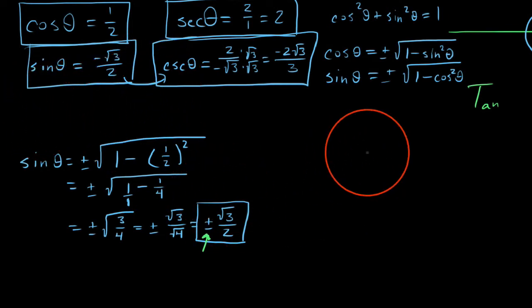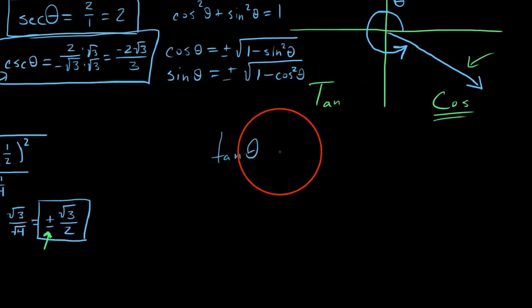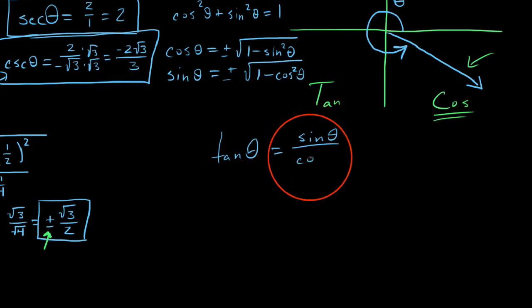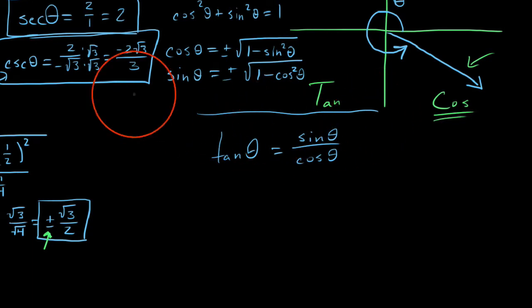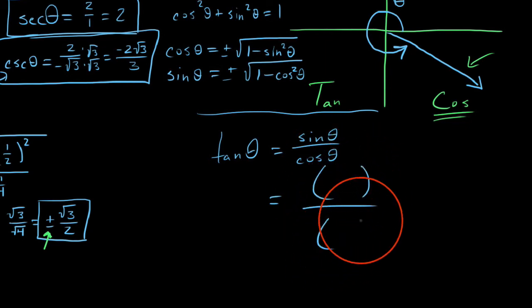Recall the ratio identity: if you want to find the tangent of an angle, we take the sine of that angle and divide by the cosine of that angle. In this instance, we know the sine and the cosine of this angle, so all we need to do is plug these in. We have sine over cosine.